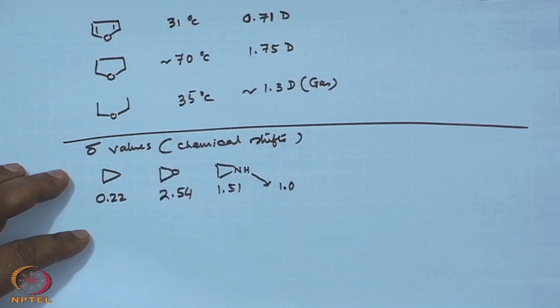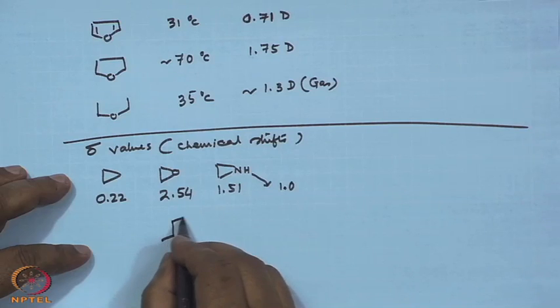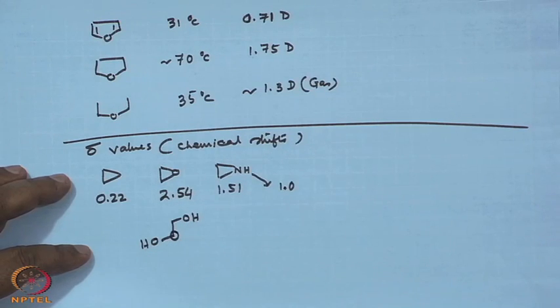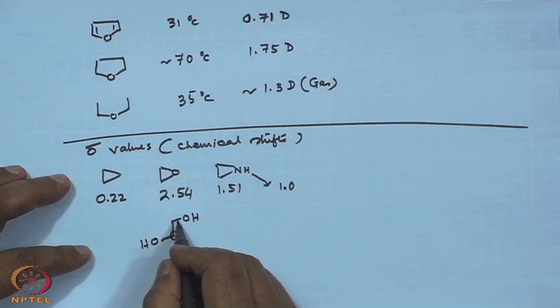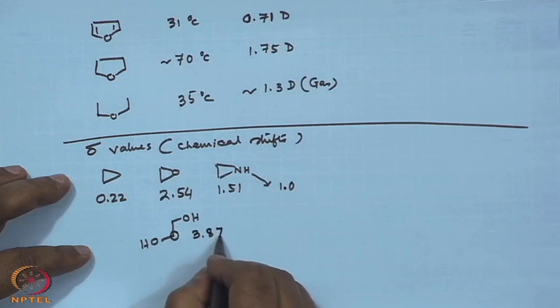For example, there is a very clear cut way, for example ethylene glycol. What should be the chemical shift value of the circled carbon? Normally if you have a heteroatom, the corresponding carbon hydrogen would have around 3.5, but you have a neighboring oxygen here, and this comes around 3.87.